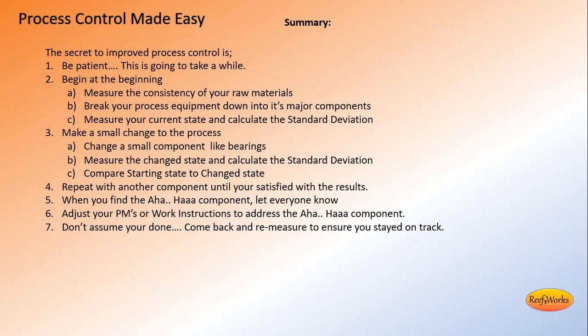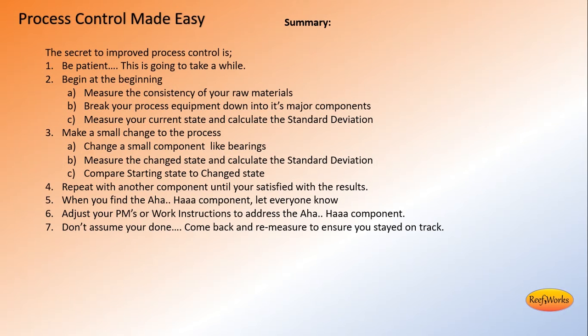That could be bearings or adjusting screws. It could be pumps. It could be really whatever is in your process. Everything has some variation built into it. Measure your current state and calculate the standard deviation. This is going to serve as your baseline, and you can tell whether you've improved or disimproved.